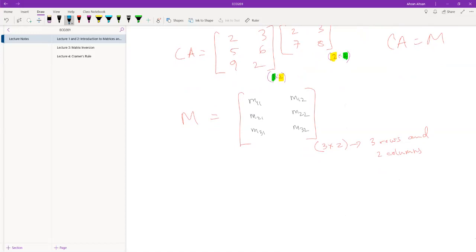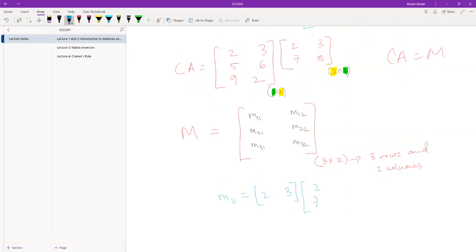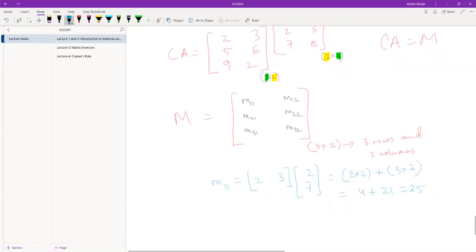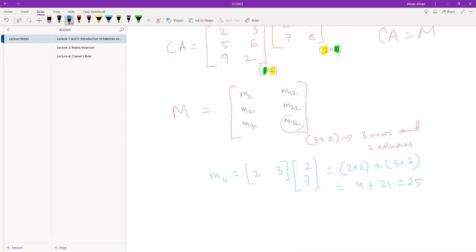So, for example, to calculate M11, we're going to take the first row of the first matrix, 2, 3, multiplied by the first column of the second matrix, 2, 7, which gives us 2 multiplied by 2 plus 3 multiplied by 7. So we get 4 plus 21 equals 25. How would we calculate M32? 3, 2.